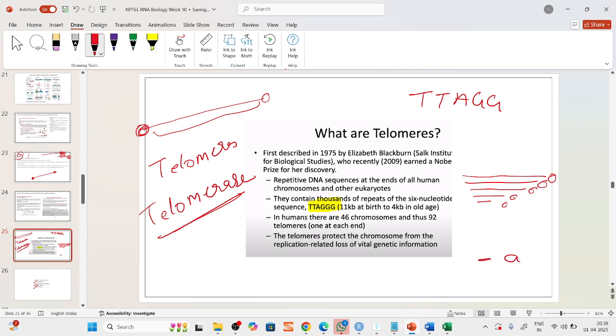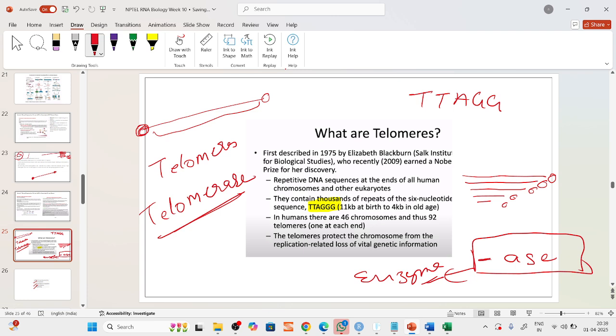The suffix -ase is used for describing any enzyme. So if there is -ase, this means it is an enzyme. If there is uncontrolled proliferation of telomeres because of the telomerase enzyme, then that is also a problematic situation.